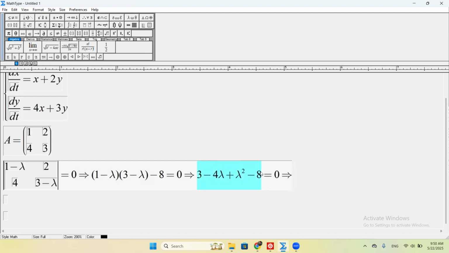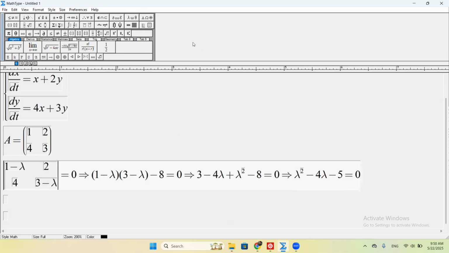So okay, let me rewrite it. So lambda square minus 4 lambda minus 5 equals 0. So actually we have the same characteristic equation that was in the first case in the previous exercise, and that's correct that they match because we have the same systems.